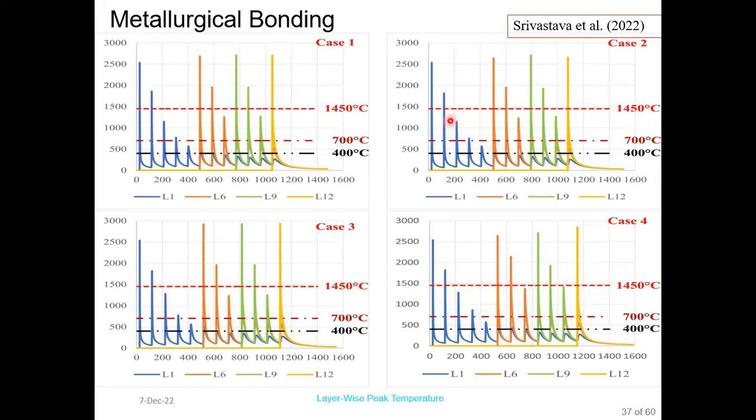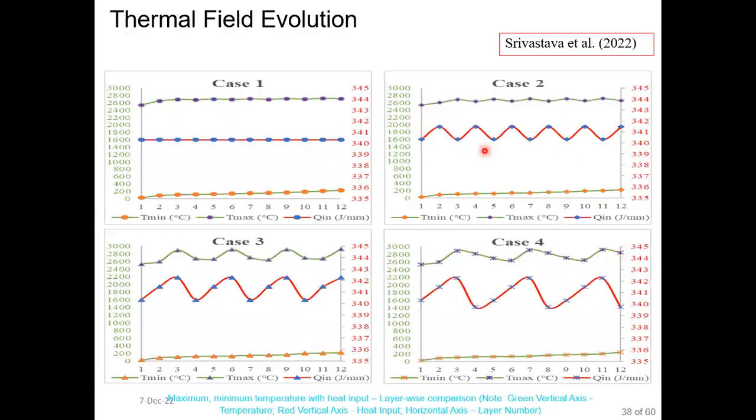It means that during the second layer deposition, the melting of the first layer is also occurring due to the heat addition of the second layer. Since the first layer is also melting during the deposition of the second layer, it is creating a good metallurgical bonding between the second and first layer, and this process keeps on repeating because the heat accumulates during the deposition process, and this causes a good metallurgical bonding between every individual layer.